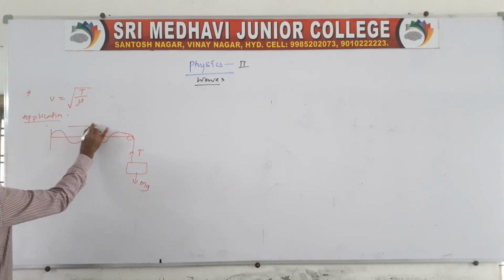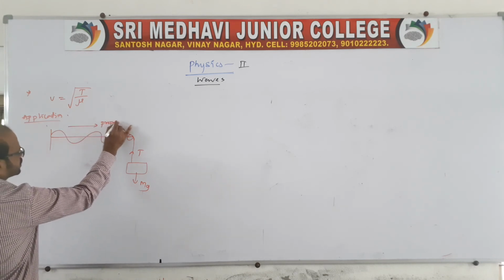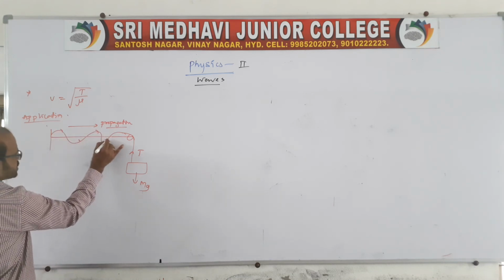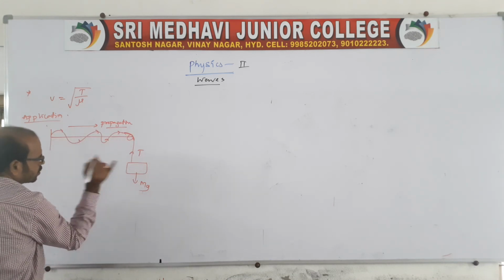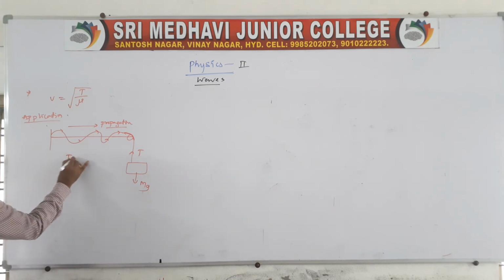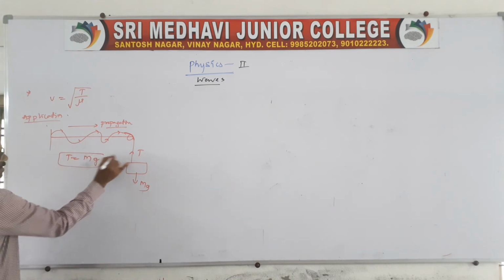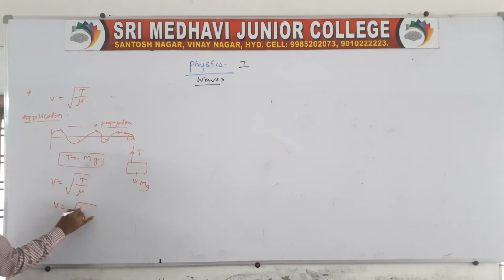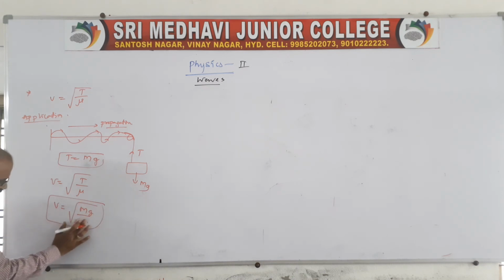The tension is balanced, equal to mg. So according to the speed, it is root over T by mu, so it is root over mg by mu. This is the second application.